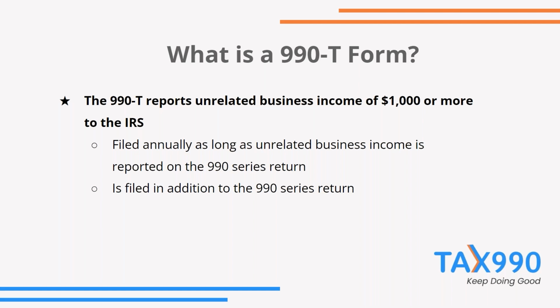In order to complete a 990T, you should have all of the following information: the name of the organization, the address and EIN, details about the unrelated business income, tax calculations, tax dues and payments, other activities of the organization, and the organization's group exemption number if applicable.